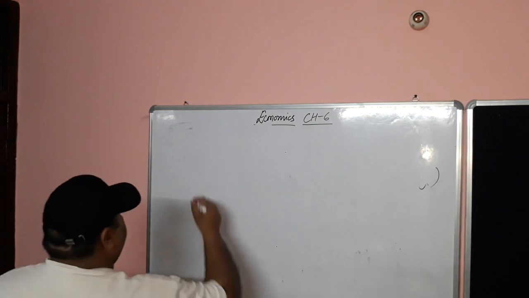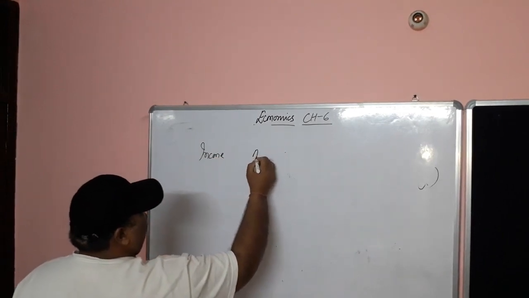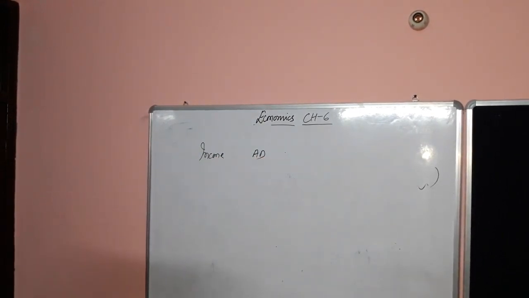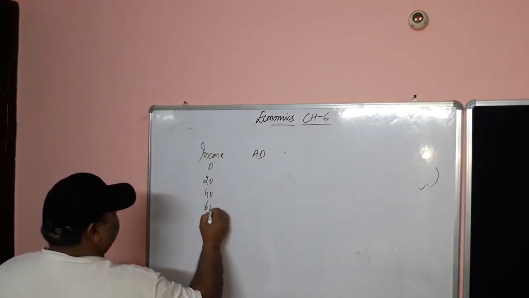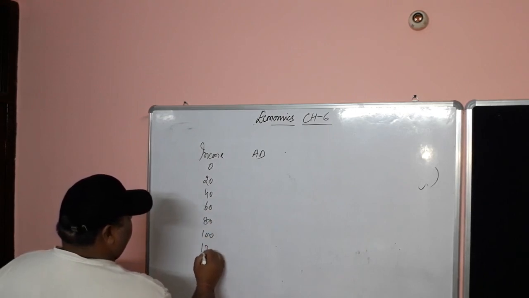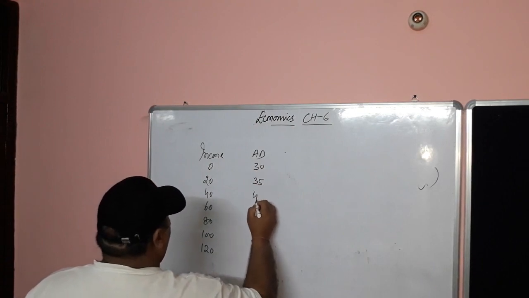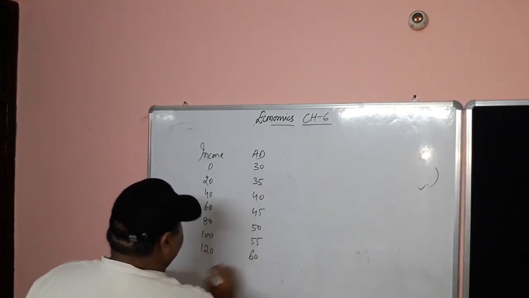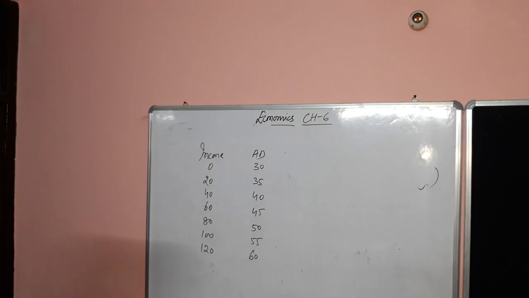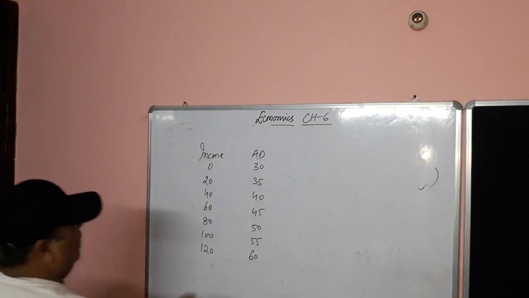Aggregate demand is, the income of the person is given, and how much the aggregate demand is. So income 0, 20, 40, 60, 80, 100 and 120, and aggregate demand 30, 35, 40, 45, 50, 55 and 60. Aggregate demand is the addition of consumption and investment. So income and aggregate demand.